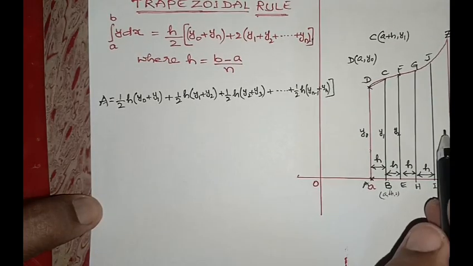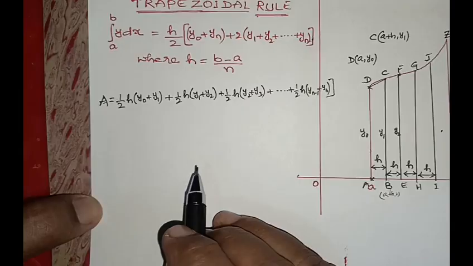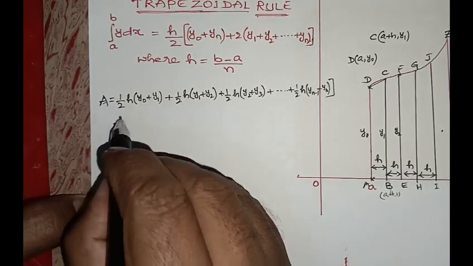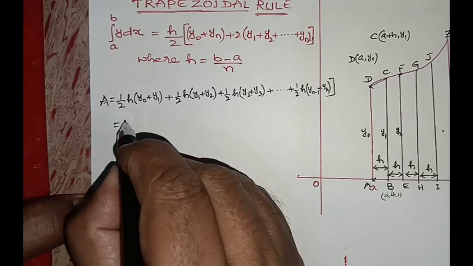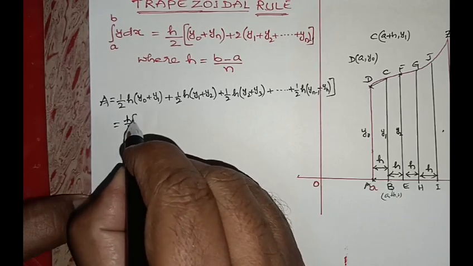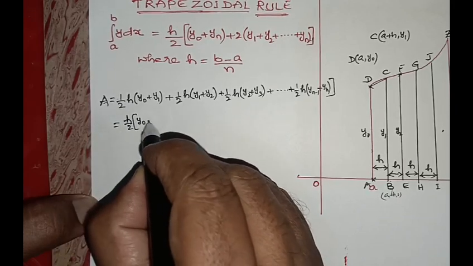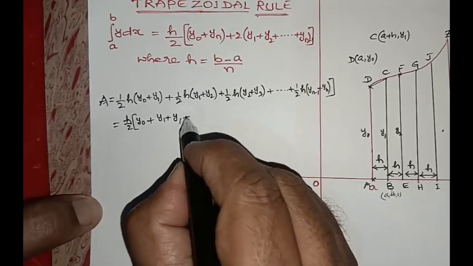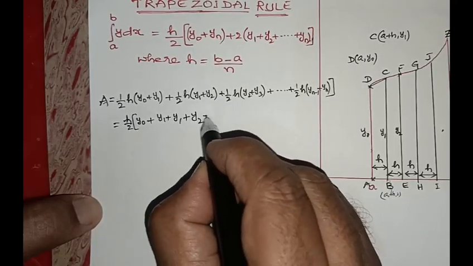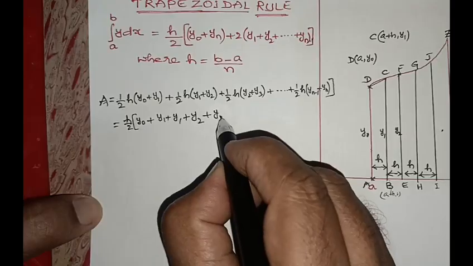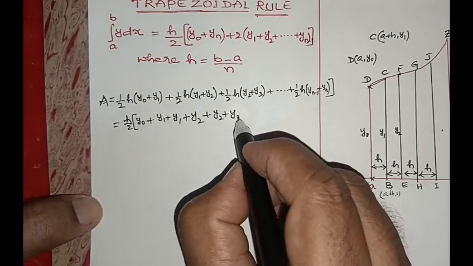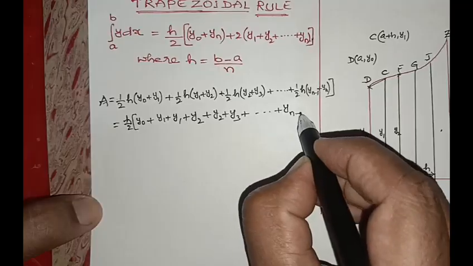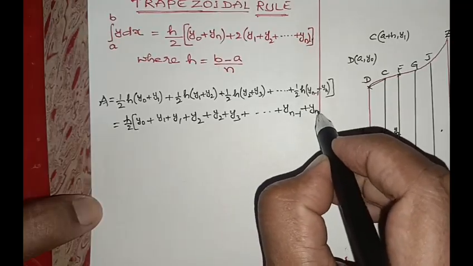This is the area of this last trapezium. So when I take out common factors, half h is common, so h by 2 times y0 plus y1 plus y1 plus y2 plus y2 plus y3 and so on, plus yn minus 1 plus yn.